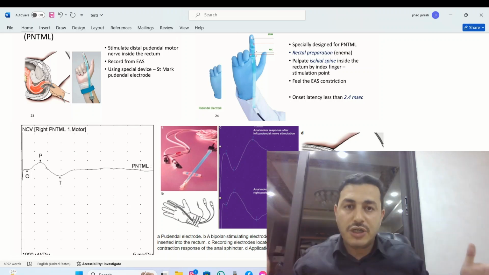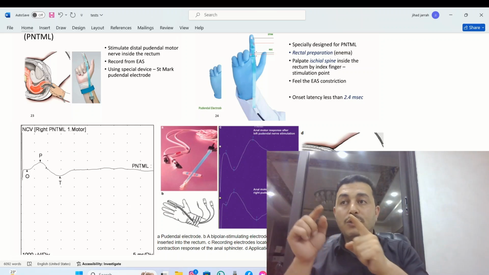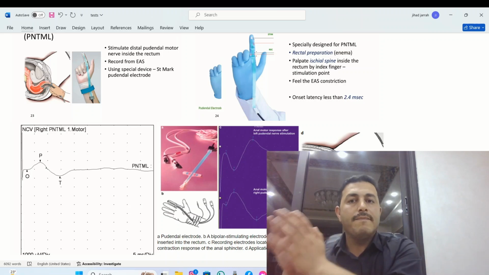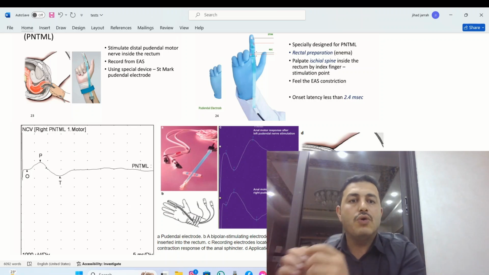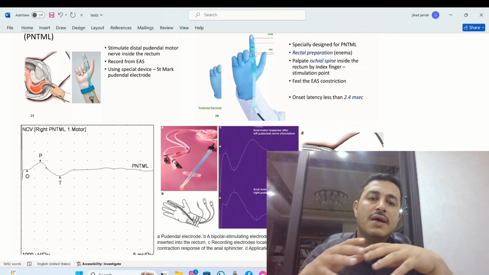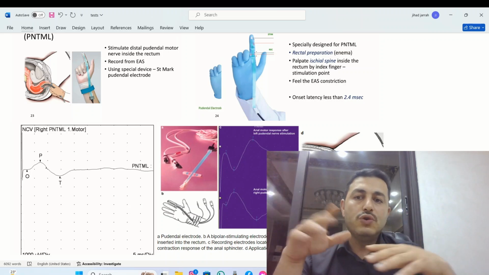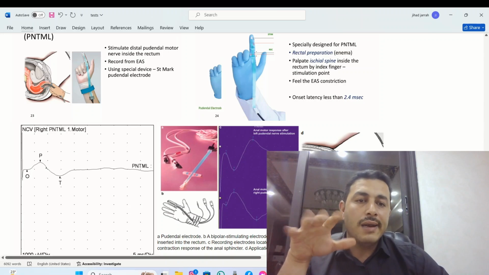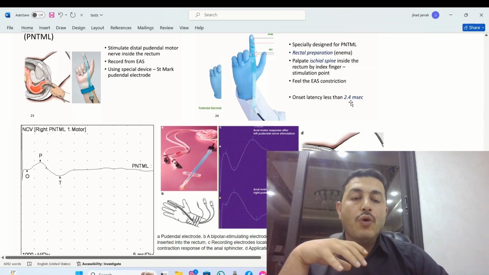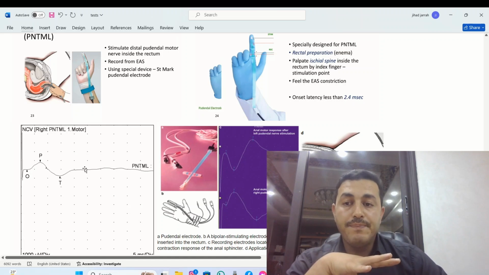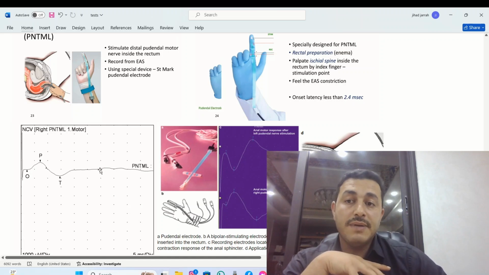Any prolongation between the stimulation and the contraction is called the latency time, or the prolonged time. Normally it should be less than 2.4 milliseconds. This is how the pudendal nerve terminal motor latency test works.